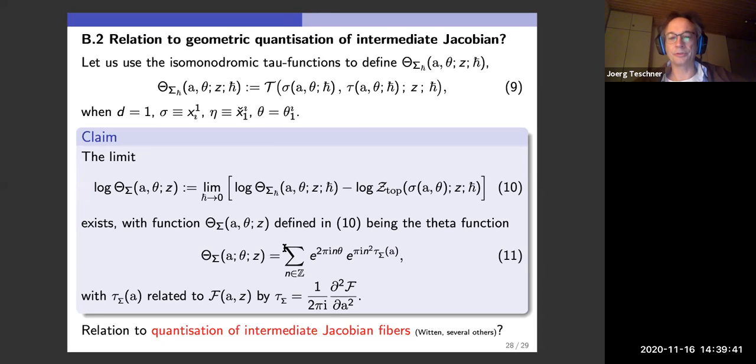There is technical work to be done to really do the calculation. It's not completely trivial, but this framework suggests a very clear way of what to do.